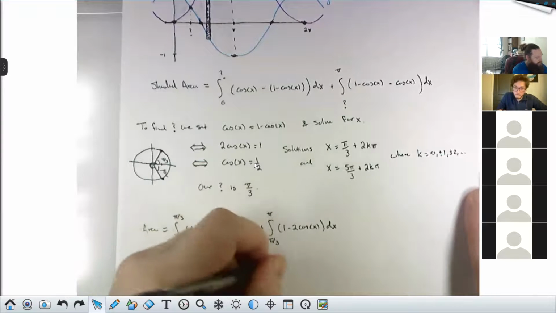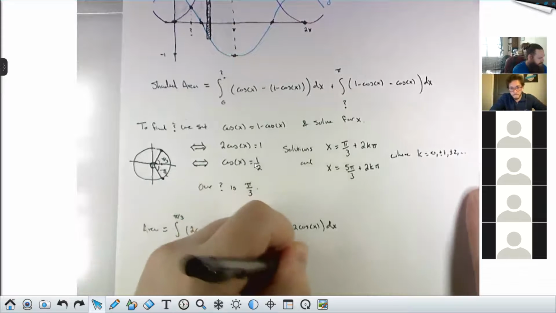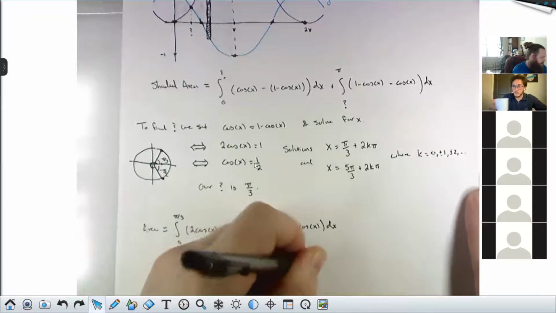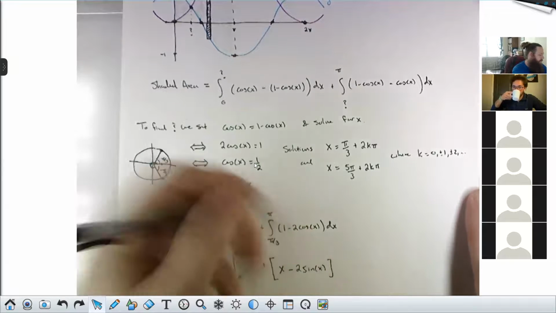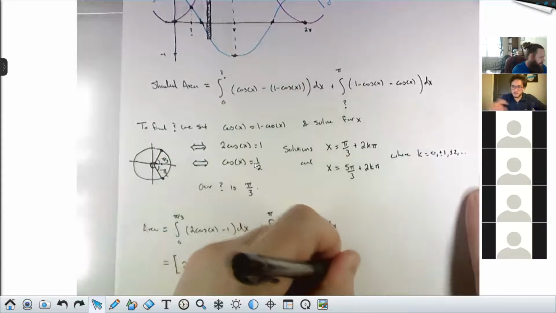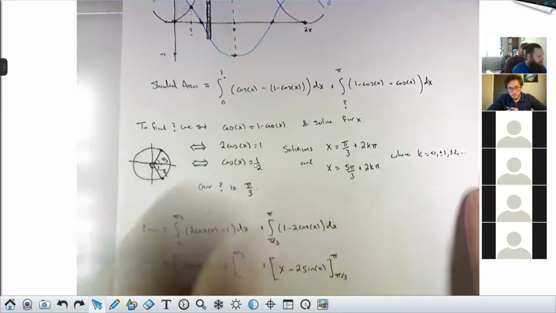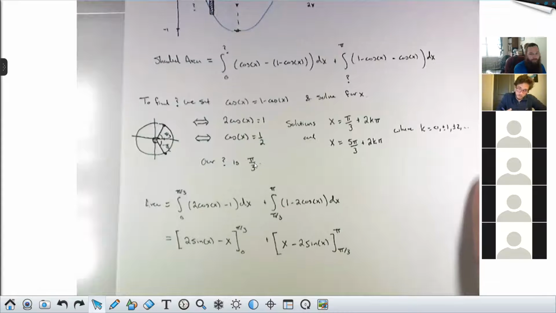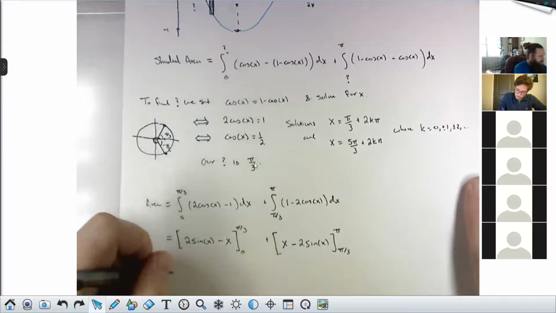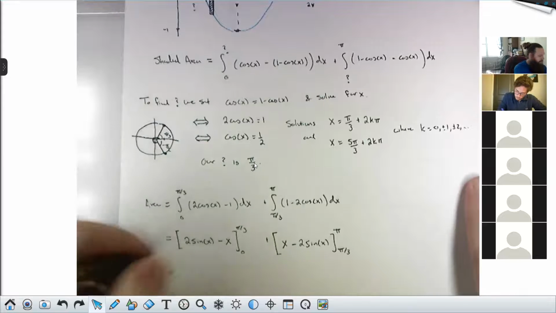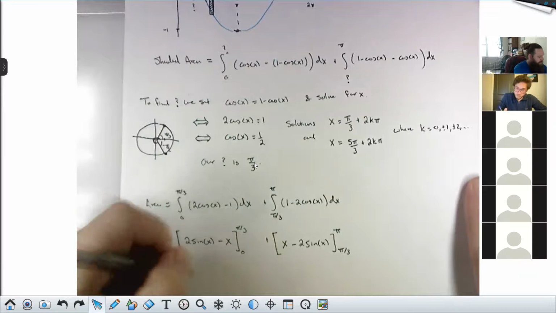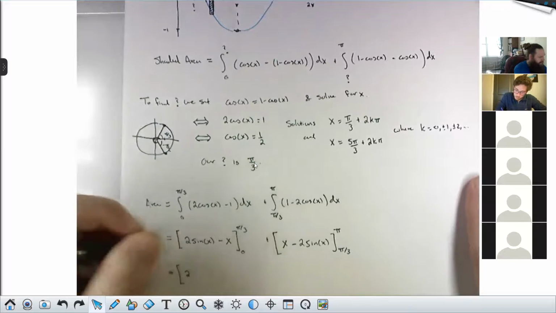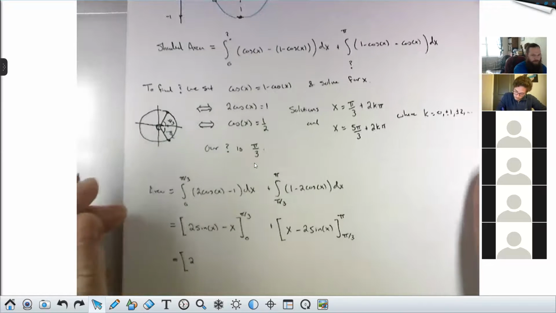The 1 integrates to x, the minus 2 cos x integrates to minus 2 sine of x, and we evaluate this from pi over 3 to pi, plugging in the bounds. When I plug in pi over 3 here, I get 2 times the sine of pi over 3. What is the sine of pi over 3?